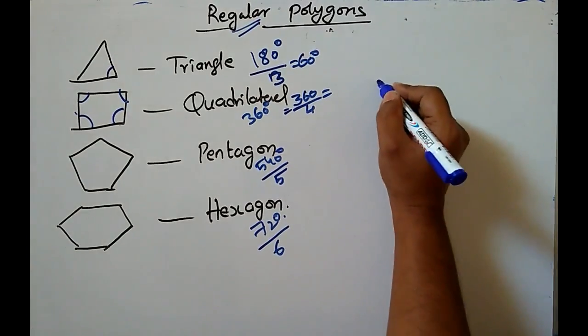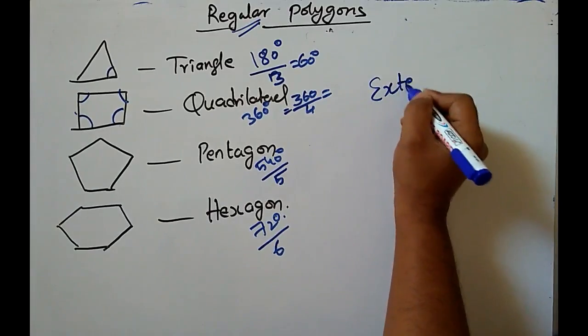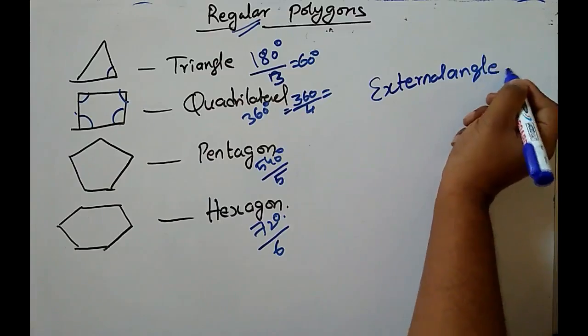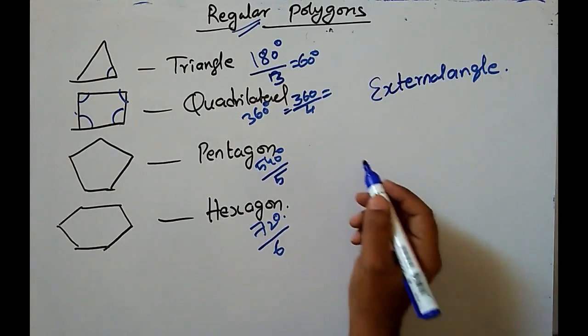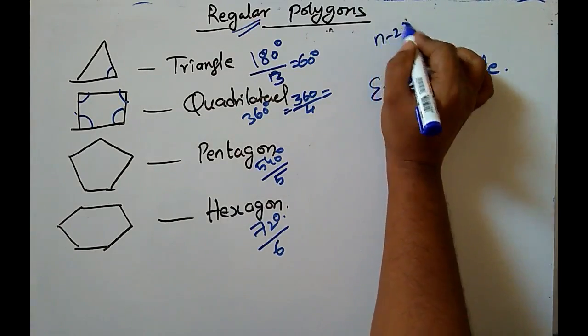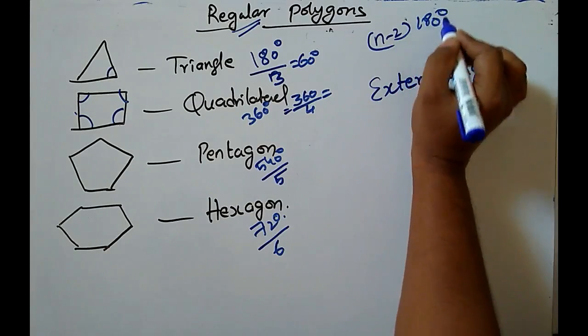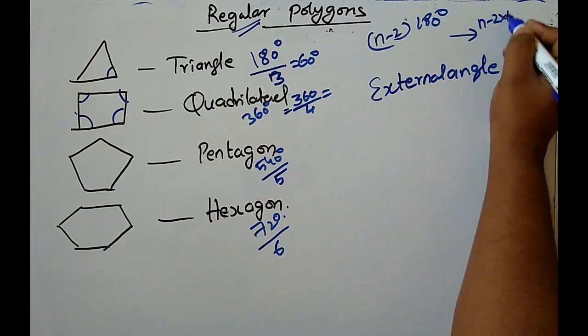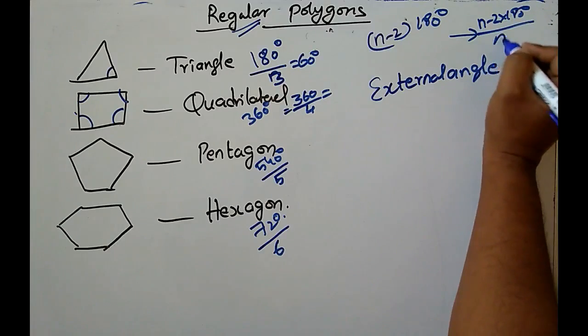Let us find the external angle. We have already seen the sum of all internal angles is n minus 2 into 180 degrees, and if we want to find each angle, then it is n minus 2 into 180 degrees by n.